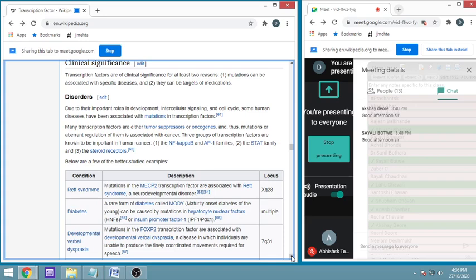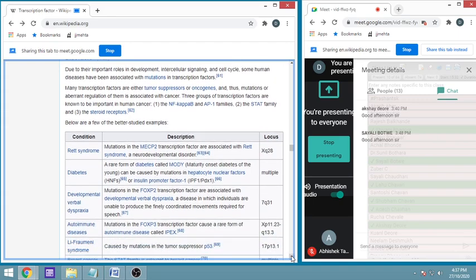Oncogenes are responsible for cancers, so mutation of these will result in cancers. There are three groups of transcription factors known in human cancer: the NF-kappa B and AP1 families, the STAT family, and the steroid receptors. They are known to be involved in various kinds of cancers.